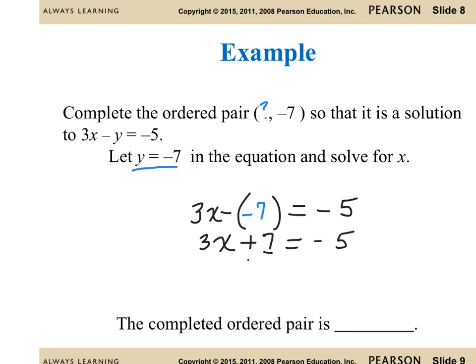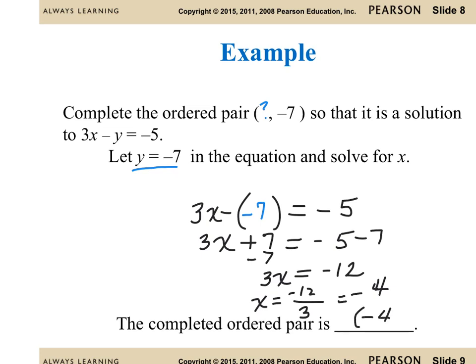And we'll subtract 7 from both sides, which gives us 3x equals -12, and then x equals -12 over 3, which is, of course, -4. So our ordered pair is -4, -7. And -4, -7 is a solution to 3x minus y equals -5.